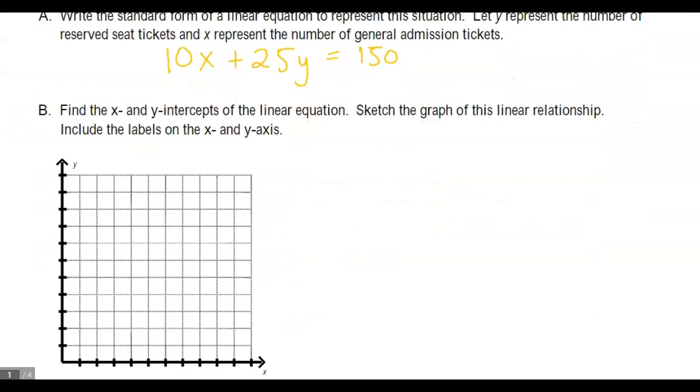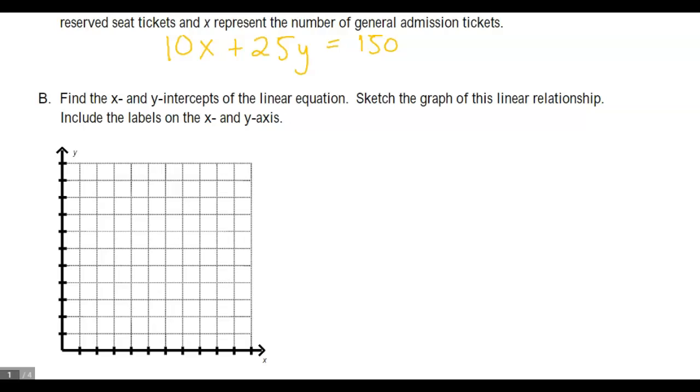So it says find the x and y intercepts of the equation and sketch a graph. So if you remember from our notes yesterday, we're going to let x equal 0, and then we're going to do it again and let y equal 0. So when x equals 0, I have 25y equals 150. I divide both sides by 25. Y equals 6.